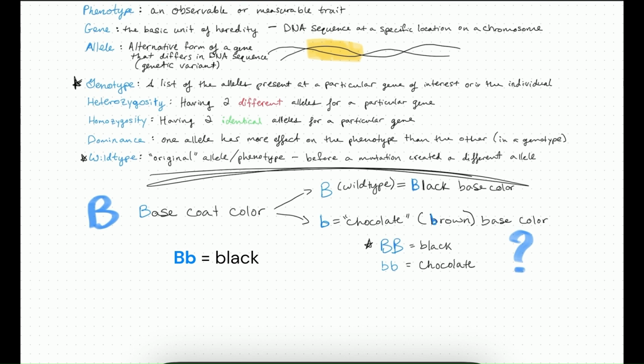Why? Because the big B allele is dominant over the recessive little b allele. So a rabbit with genotype big B little b will have the same coat color phenotype as a rabbit with the dominant homozygous genotype big B big B.